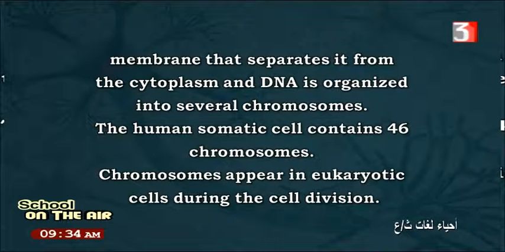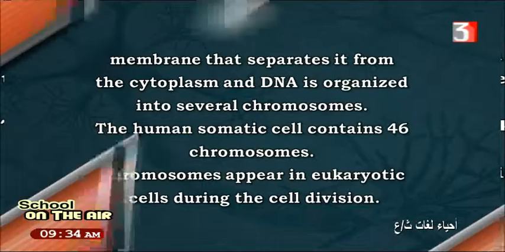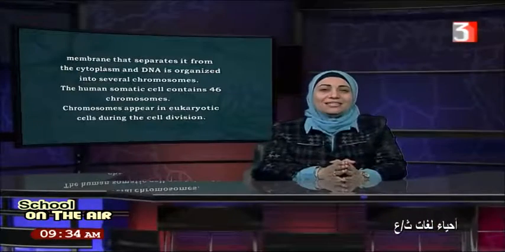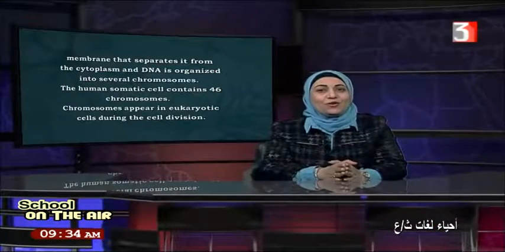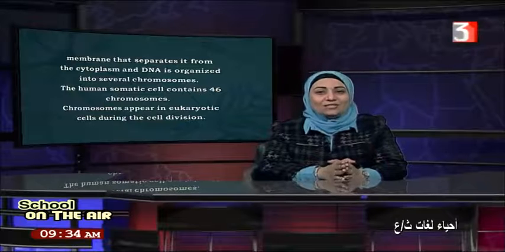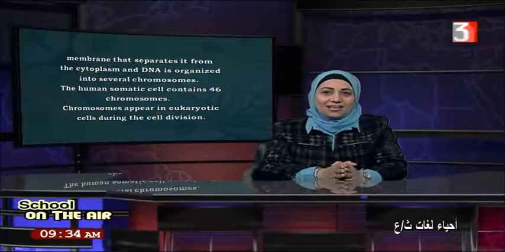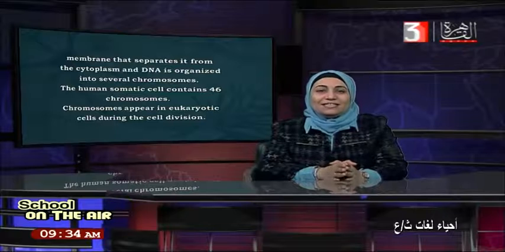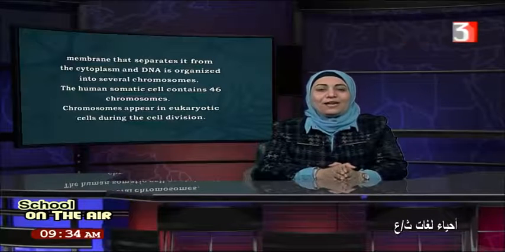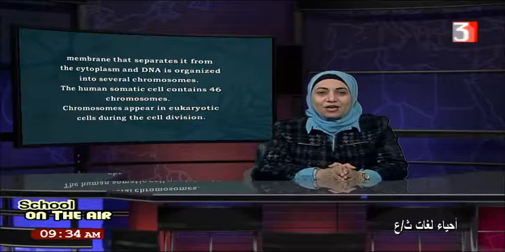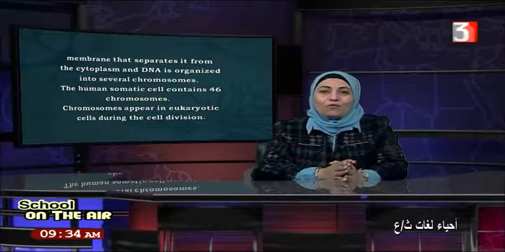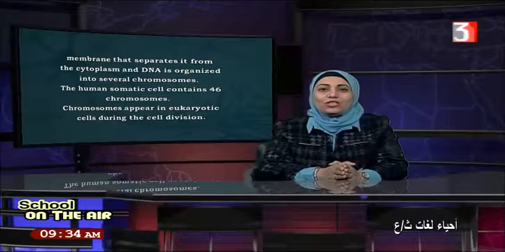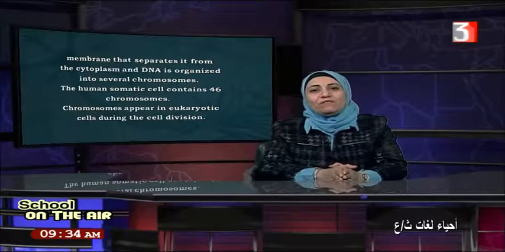Okay, in the last session, we talked about the human and the structure of DNA. You know that the human cell contains a nucleus, and inside the nucleus there is the DNA structure, deoxyribonucleic acid. This DNA contains a fixed number of chromosomes which characterizes each species of living organism.